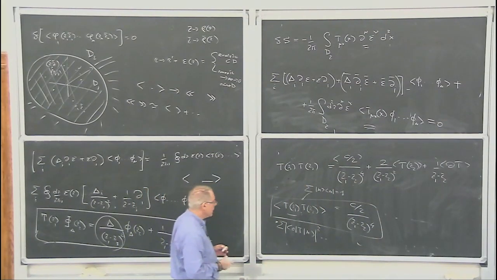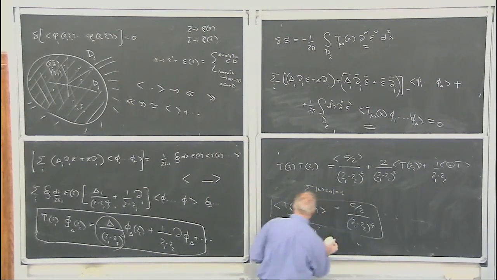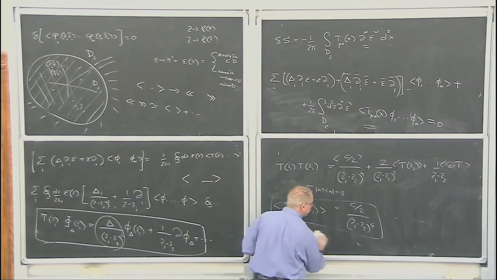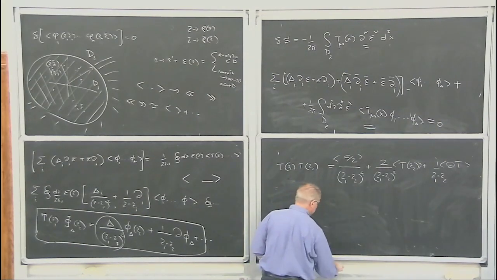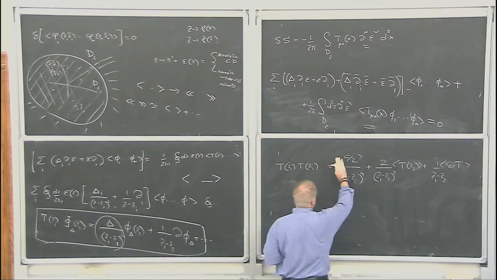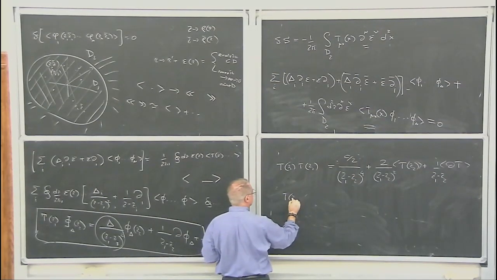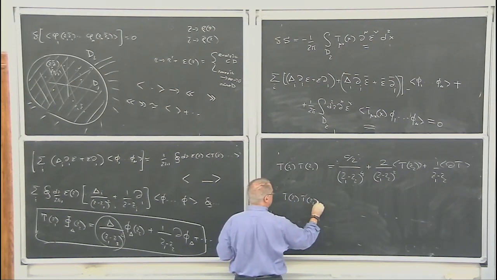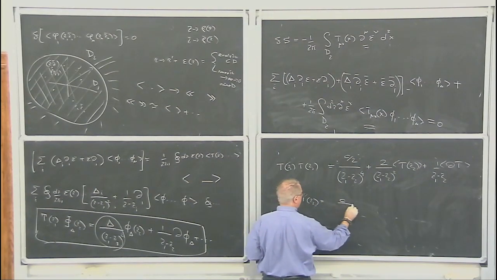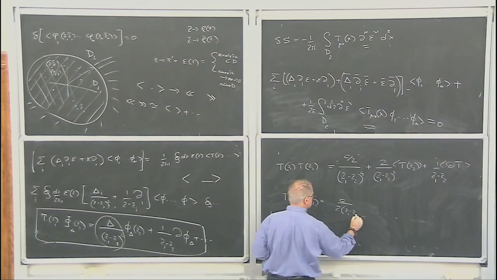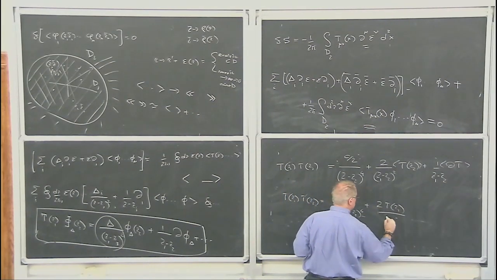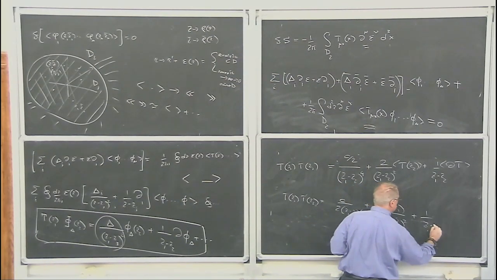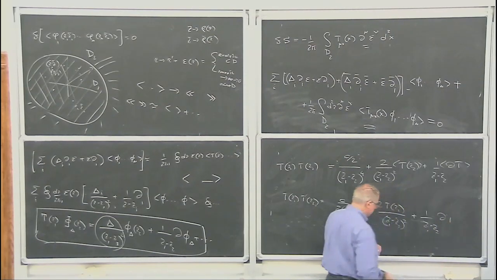Okay? And now I have a very beautiful relation, which is this one. So TT is C over 2 (Z1 minus Z2)^4 plus twice T(Z2) over (Z1 minus Z2)^2 plus 1 over (Z1 minus Z2) dT.